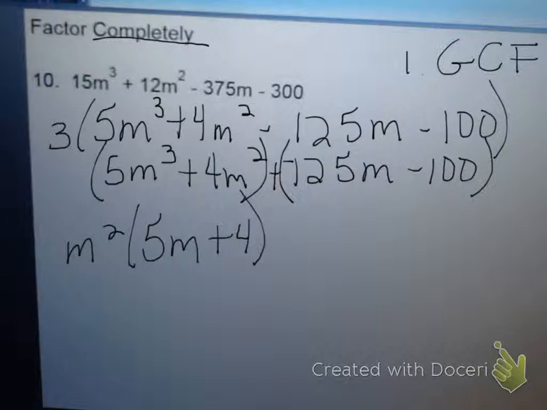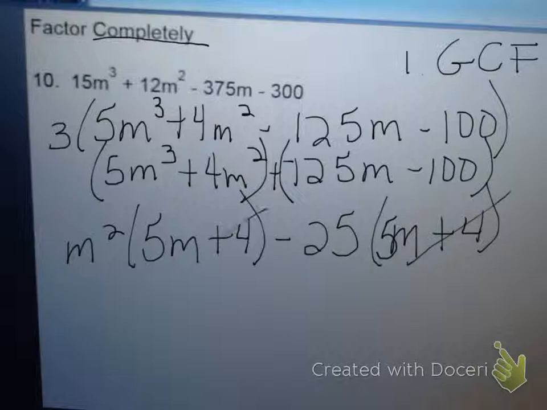And then I'm going to factor out a negative 25, and I get an m. Now remember, when you factor out a negative, it changes the sign. 25 goes into 125, 5m times.